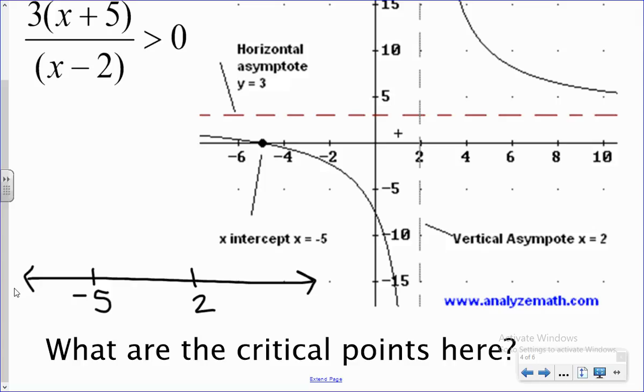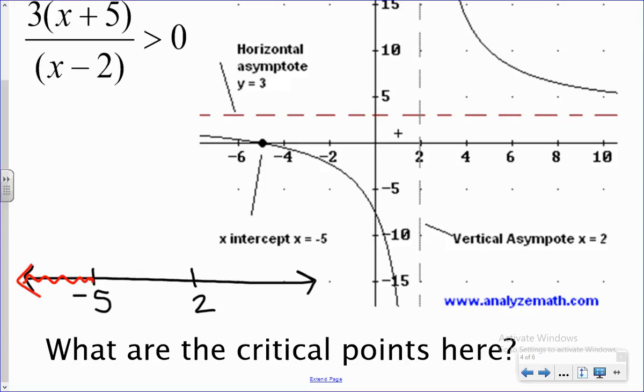So this inequality, we're wondering where this graph or this function is greater than 0. So if I look at -infinity to -5, is that piece of the graph greater than 0? Yes, it is. What about between -5 and 2? Is that greater than 0? No, it is below the x-axis, so it is not greater than 0.